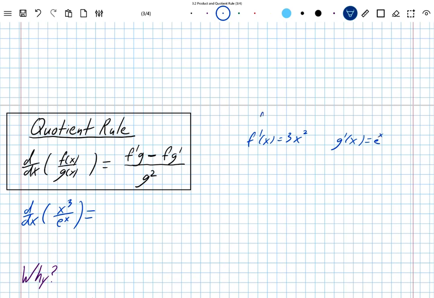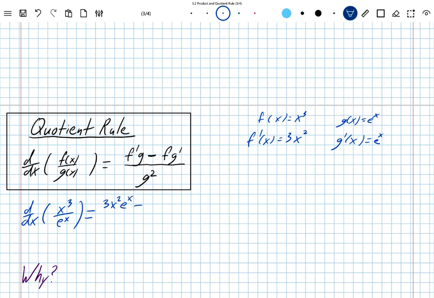Okay. Going even further back, f of x is that top function, x cubed, and g of x is e to the x. Okay. So with time you won't need to do all this, but it's nice to write it out explicitly.